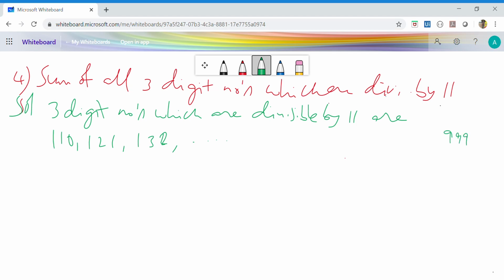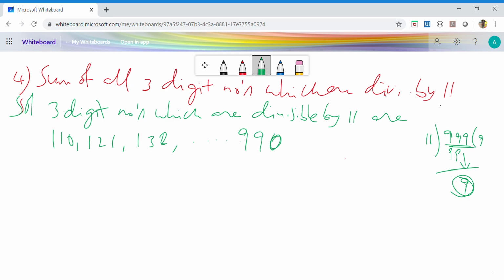If you divide 999 by 11, how many times will it go? 9 times 11 is 99. That means you have to check like that. I know the last number is 990, I can write 990 directly, but I am explaining how to do it. So 9 is the remainder, so subtract 9 from this and you will get 990.